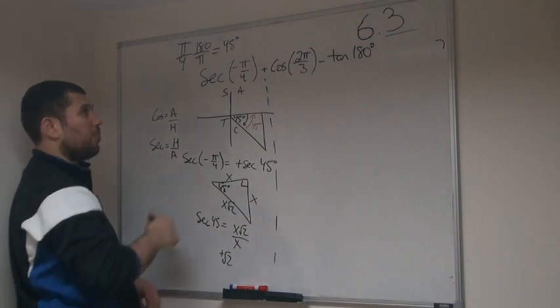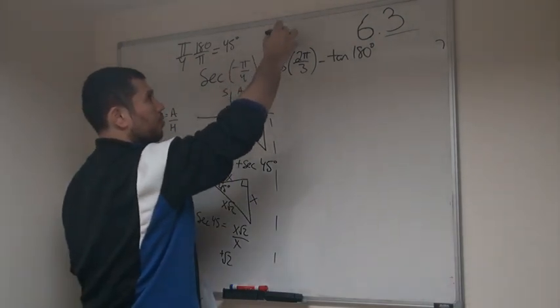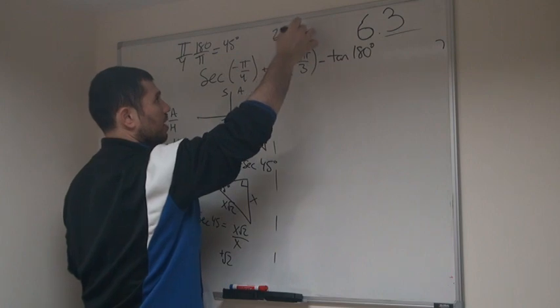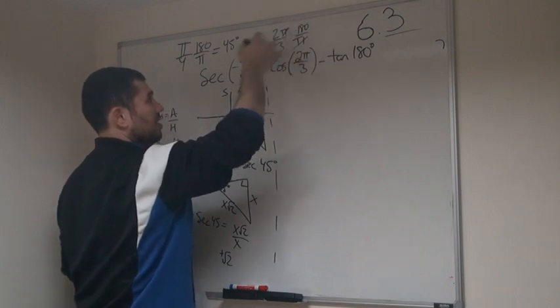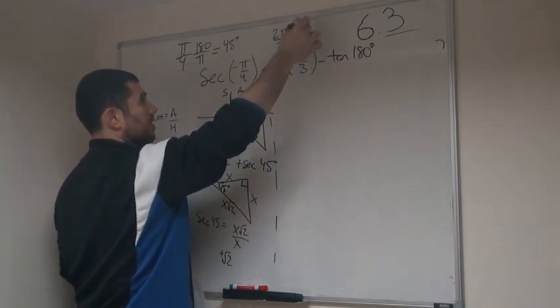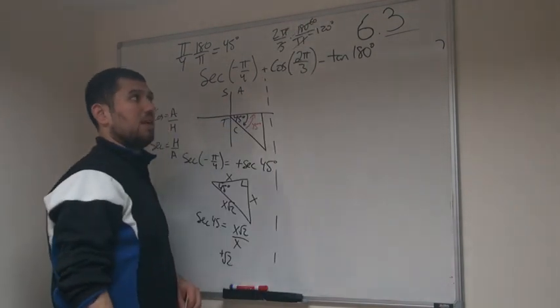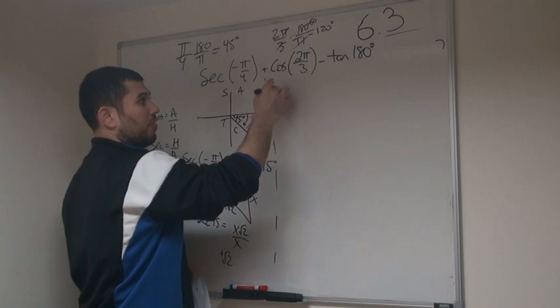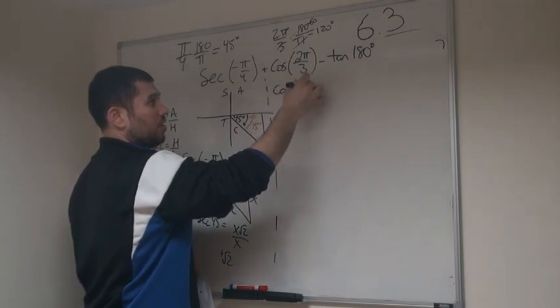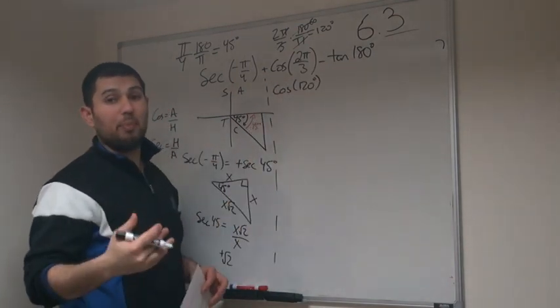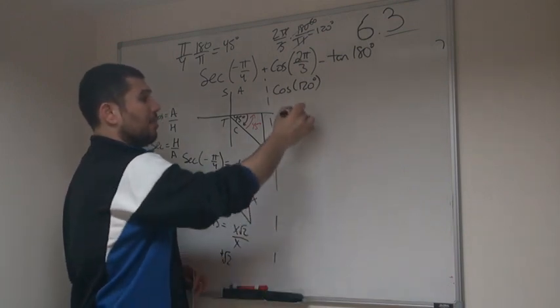What's the cosine of 2 pi over 3? Well, 2 pi over 3 times 180 over pi. Pi's cancel. 3 and 180 gives me a 60 times 2 gives me a 120. Great. Cosine of 2 pi over 3 is the cosine of 120 degrees. 120 degrees is bigger than 90. Let me draw it out.